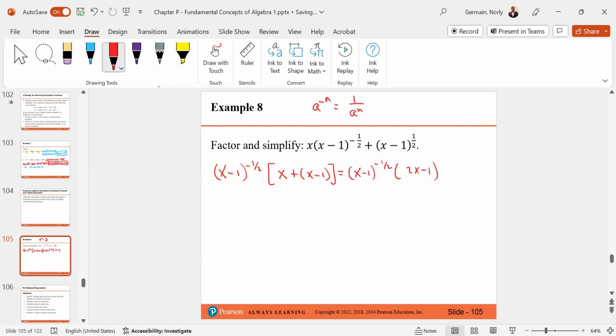So I can rewrite this one as 2x minus 1 over x minus 1 to the power 1/2. And you know power 1/2 represents square roots, so you can write it as the square root of x minus 1. Either of these two works.